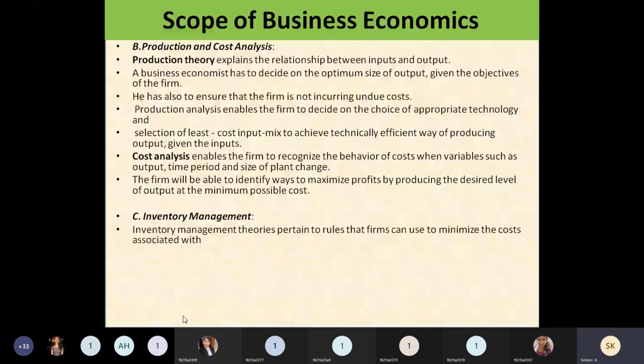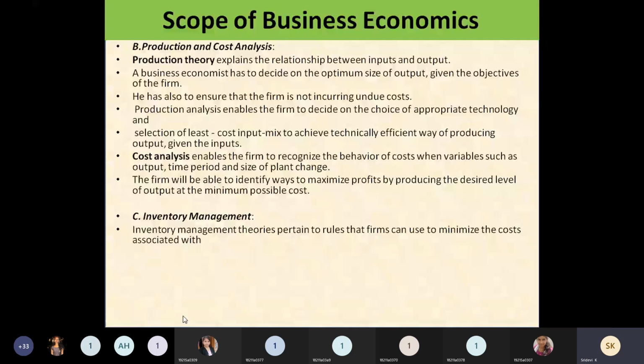Managing these different inventories is most important here. Managing here means to what extent the raw material should be held in your storages, because if you hold more than what is required in warehouses, that will increase your cost.